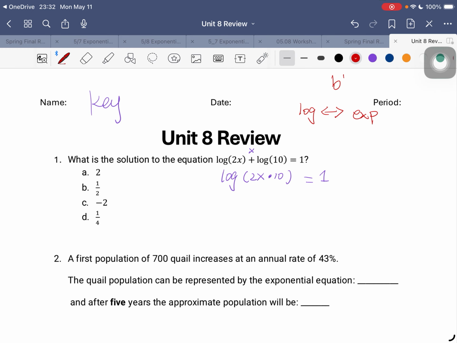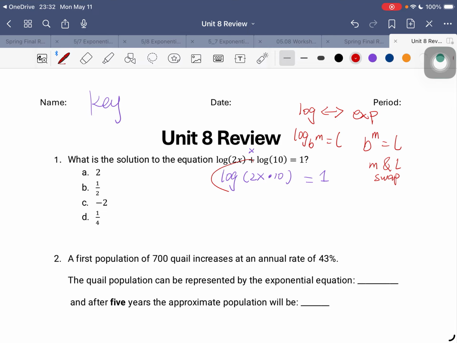They are B, M, L, and they are written in different ways. For log, it will be log, base, middle, equal, last. And for exponential, it's base, middle, equal, last. Middle and last will always swap.